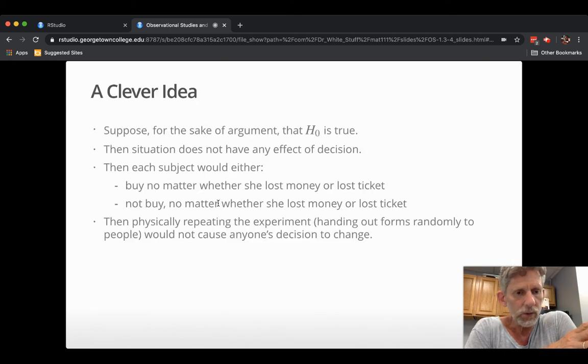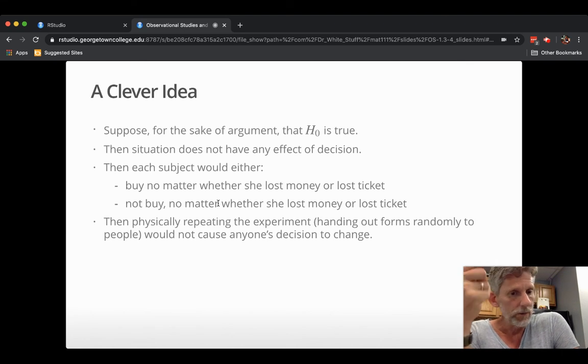So here's our little clever idea to get around this. We're just going to suppose, for the sake of argument, that the null hypothesis is right, temporarily. It's a temporary supposition. So we're supposing that the situation a person is put in doesn't have any effect on the decision they make about whether or not to spend money.